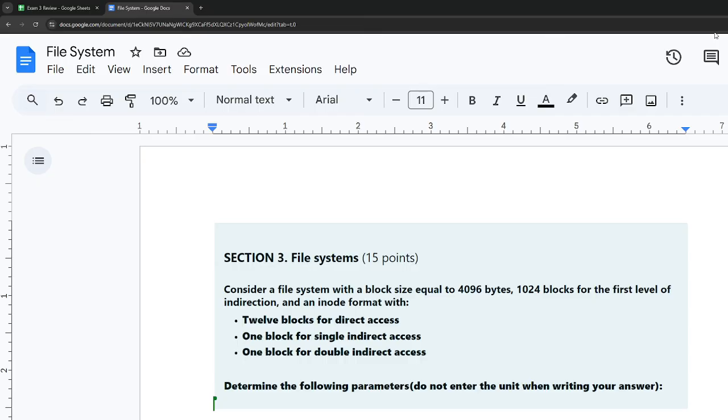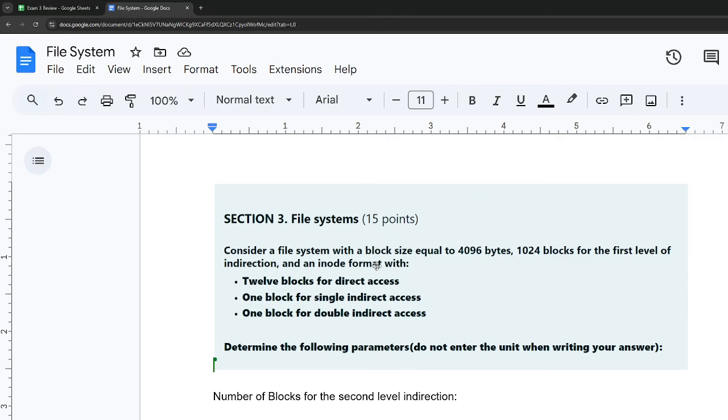Awesome. All right, so we will be getting a file system question. This will be on the exam. Okay. So let's break this problem down. Consider a file system with a block size equal to 4096 bytes, 1024 blocks for the first level of indirection, and inode format with 12 blocks for direct access, 1 block for single indirect access, 1 block for double indirect access.